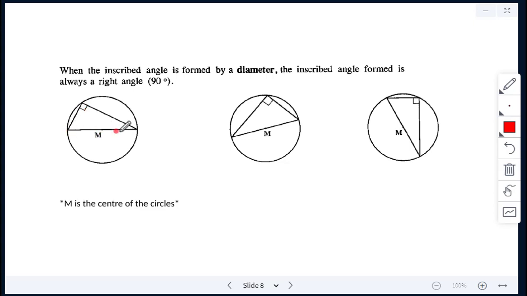Anytime it's formed by a diameter, the inscribed angle will be a right angle. Shown here as well, this is going through the center, it forms the diameter, and in these cases, this M represents the center of the circle. So M, M, and M.